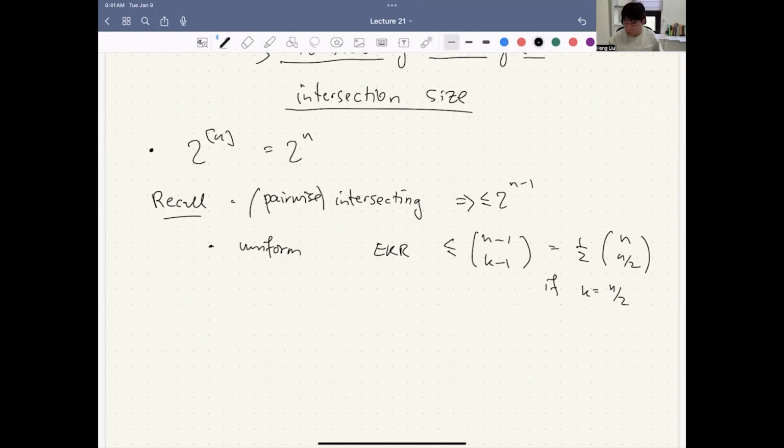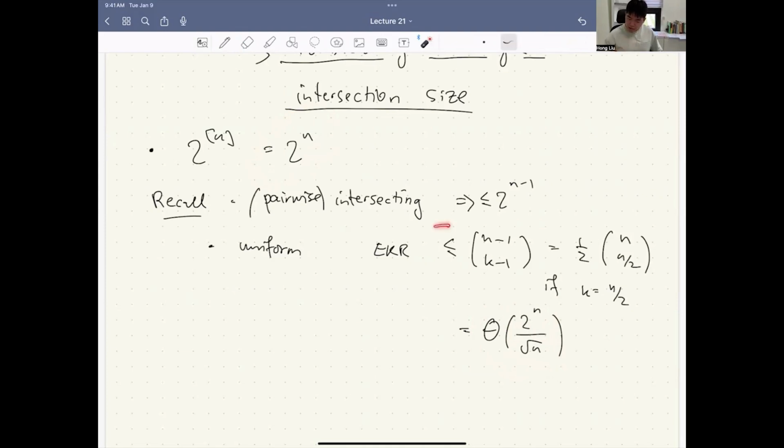Using Stirling's formula, this is roughly the whole size divided by square root of n. Now we are a lot smaller. You lost some factor, but this factor is still not exponential. You are still almost everything in a sense. Exponentially, you are as large as the original everything.